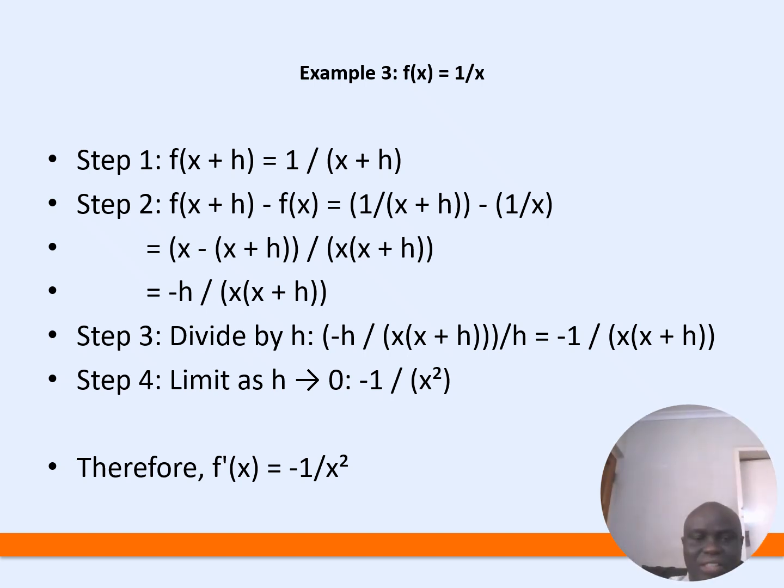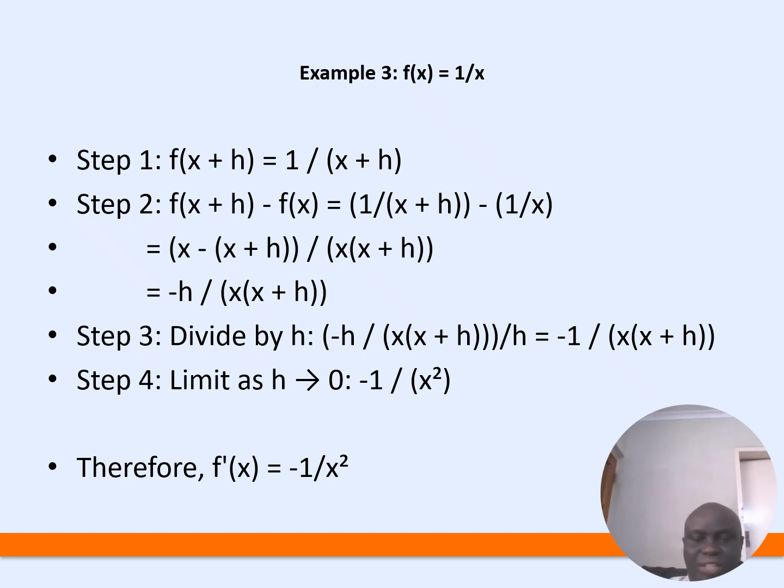Then we now have step 2, f of x plus h minus f of x. So when you have f of x plus h minus f of x, it will now be 1 over, anywhere you see x, like I told you, it will be x plus h. Then minus the f of x, which is the question you have here, which is minus 1 over x.